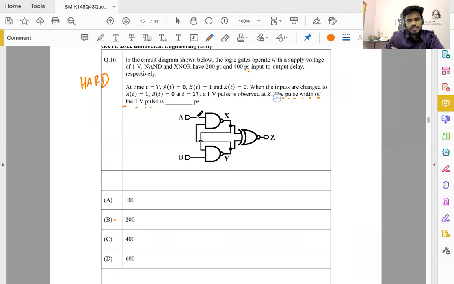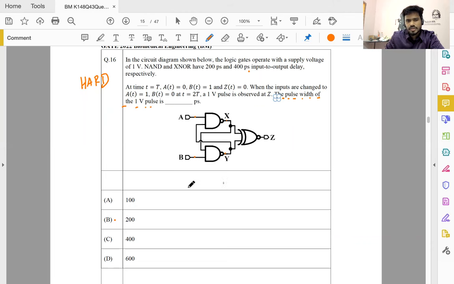First, there is an input A and an input B, with some stable input Y. This is a NAND SR latch. When you change input A, after 200 picoseconds your X is going to change. You also change B at the same time, so your Y will also change.